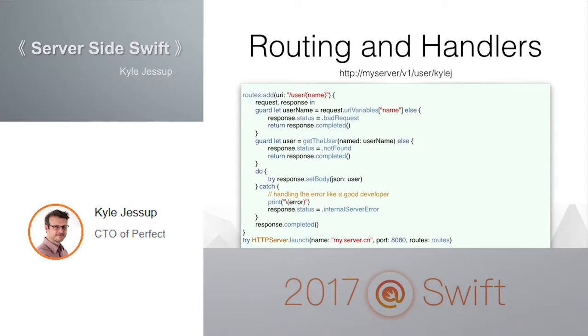So what you'd like to do here is take that name, get the user. The user is able to be converted into JSON, so what we're doing is setting the response body to the JSON data eventually, and then handling errors in a variety of ways, and you can see it starts the server much the same way.